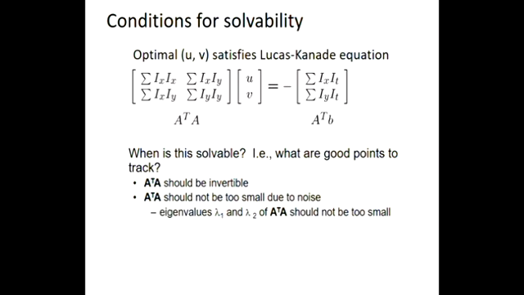So for example, if there were no gradients here, then we just have 0 times uv equals 0, and it doesn't matter what u and v are, any uv will satisfy the equations. Another related constraint is that you don't really want A transpose A to be too small.